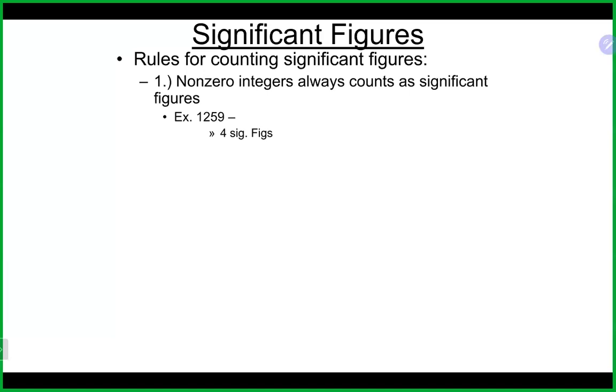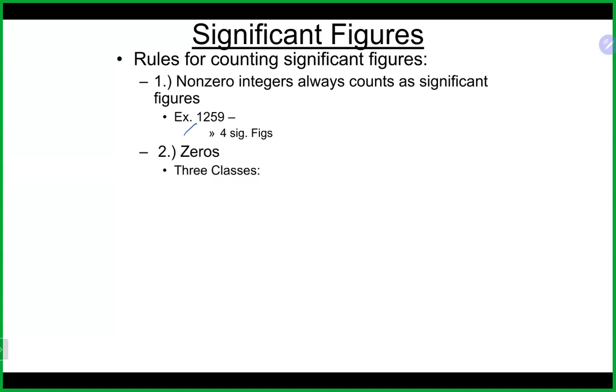So when we're looking at a number to figure out how many significant figures there are, we start on the left-hand side, and we start counting when we hit the very first non-zero, left to right. In this case, our very first non-zero is right there at 1, and everything else after that is a non-zero. So this number would have 4 significant figures in this case.